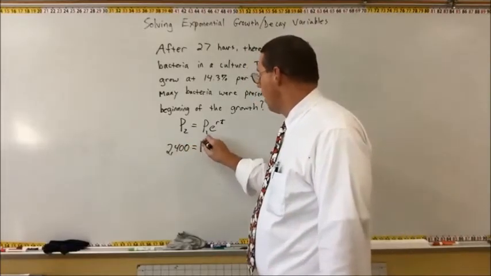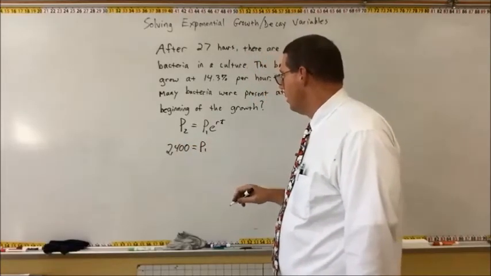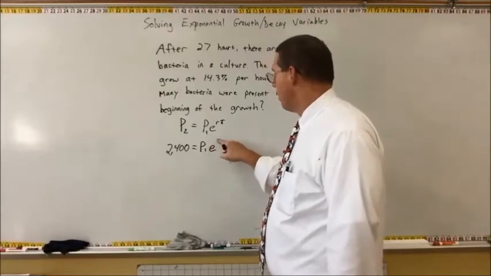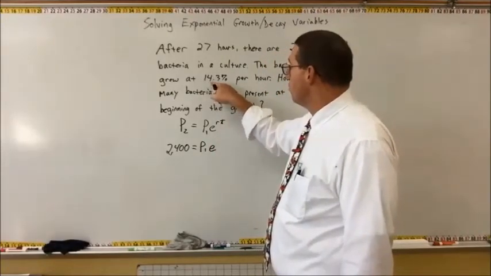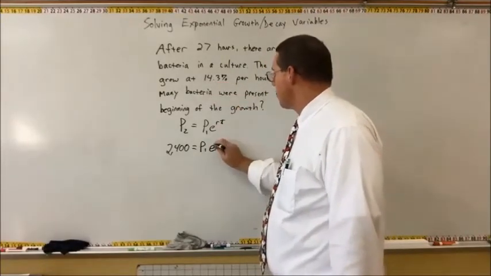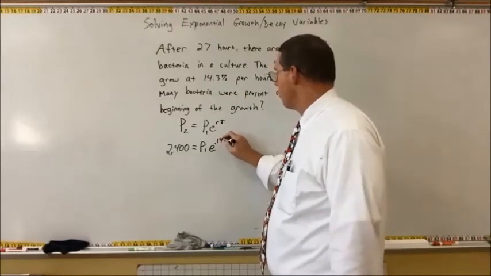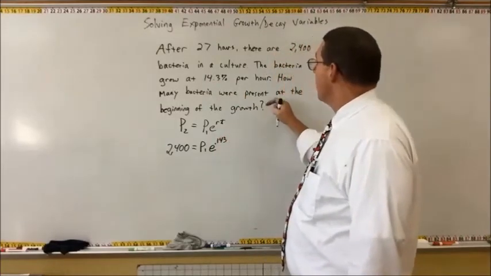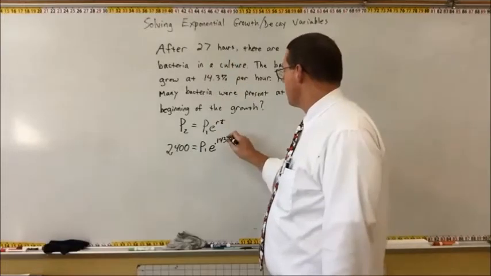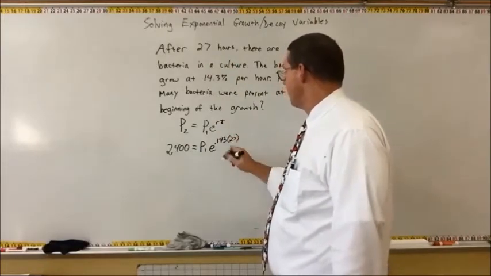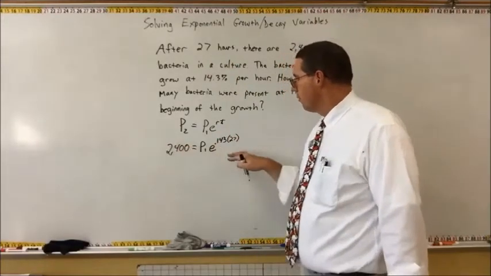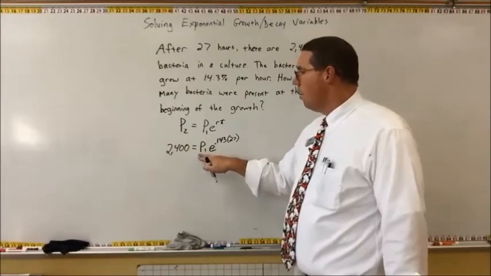We don't know how many of them were at the beginning, times e to the power of r. The rate of growth is 14.3%. That's 0.143, and they grew for 27 hours, so 27. Okay, so you can see our formula here. Now we want to solve for p.